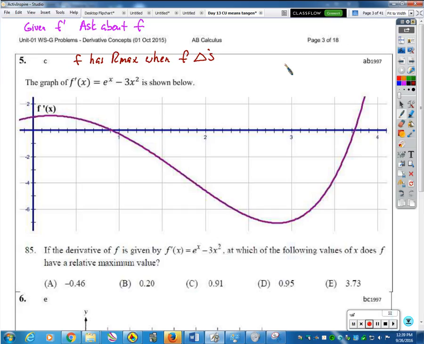So when does f have a relative max? What's the definition? Spencer? Increasing to decreasing. 3 for Spencer. Questions? Somebody answer this one. Actually, let's do everybody.